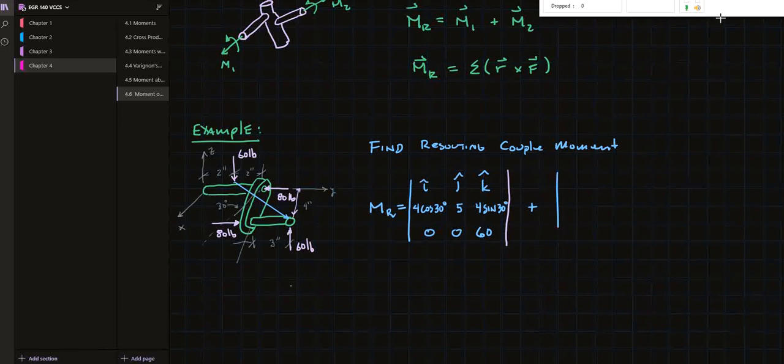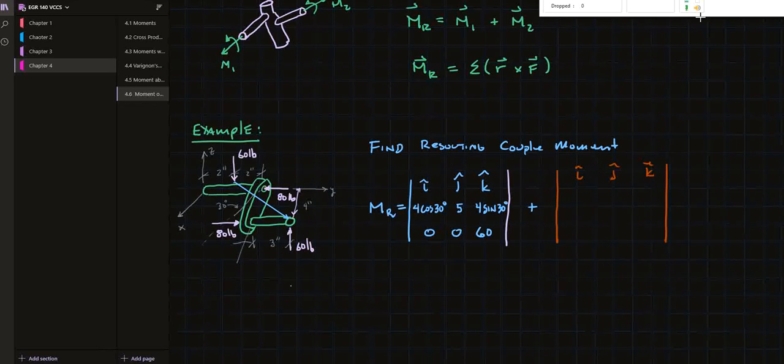My second couple is going to be this determinant. Should have given myself more space. For a position vector on this one, let's actually use a different color. And again, let's choose to start here at the negative vector.